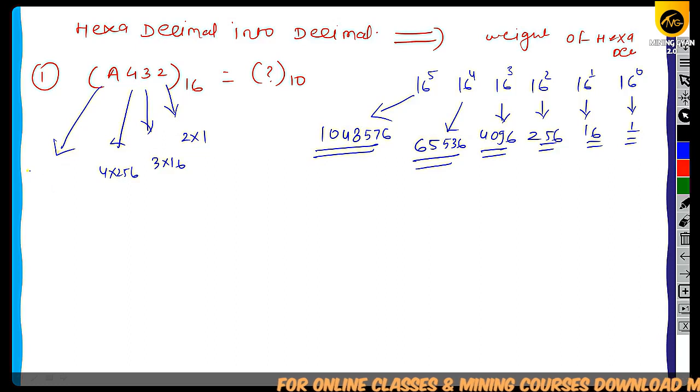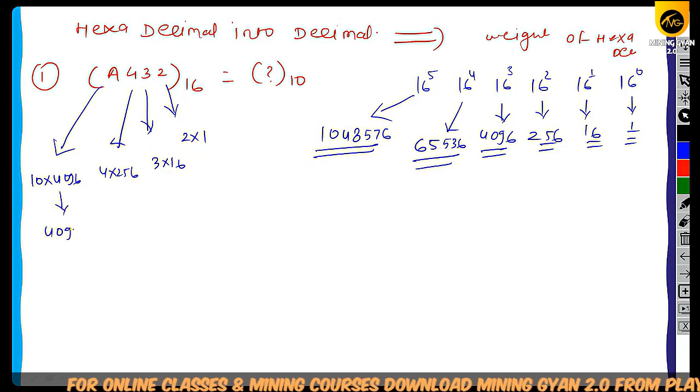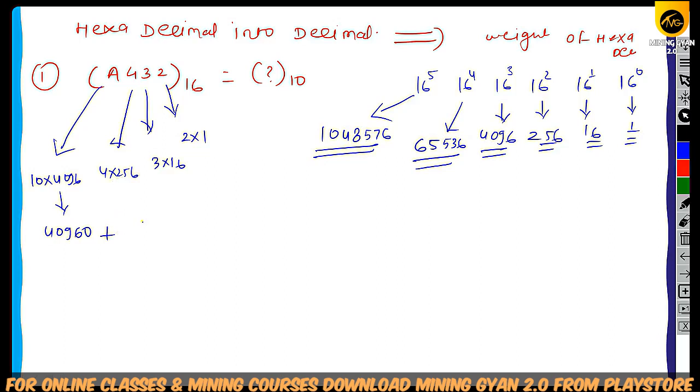A means 10, right? So 10 into 4096 will become 40960. Plus 4 into 256, which is 1024, plus 3 into 16, which is 48, plus 2.